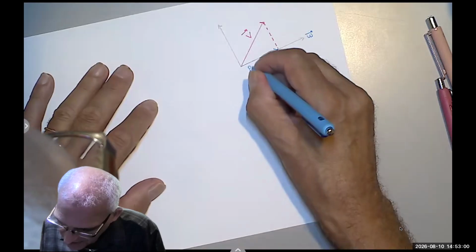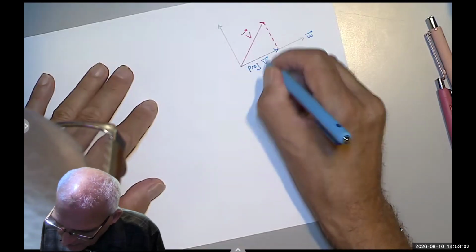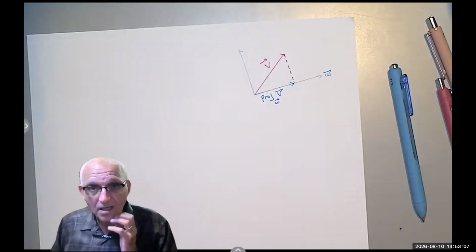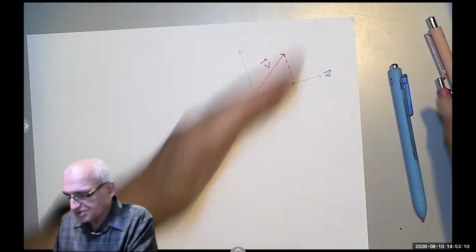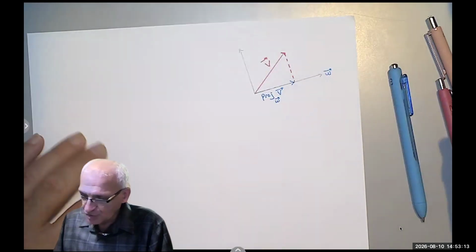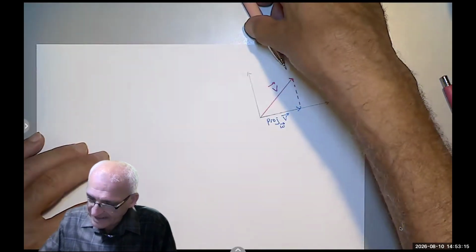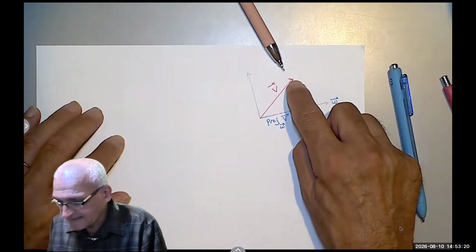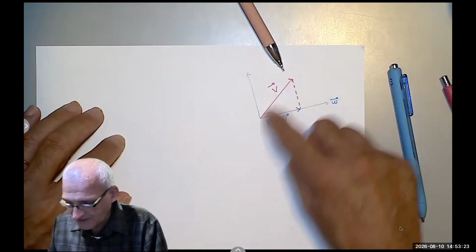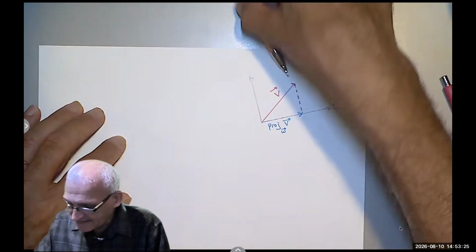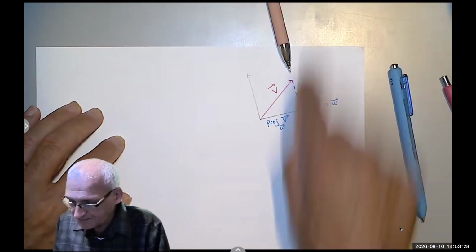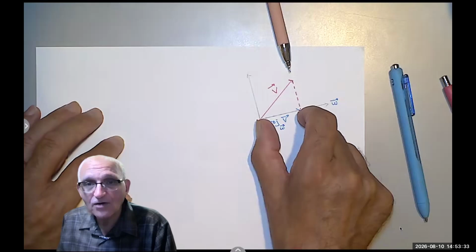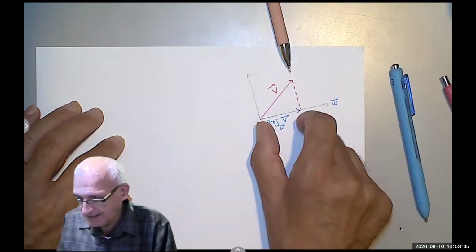That's the projection of V onto W. And I told you, think about it as this is a wall, and you have some object here, V, that has this length. So you place a source of light at the end of your object, V, in such a way that it becomes perpendicular to W, and you measure the length of the shadow of this object. It would be the projection.